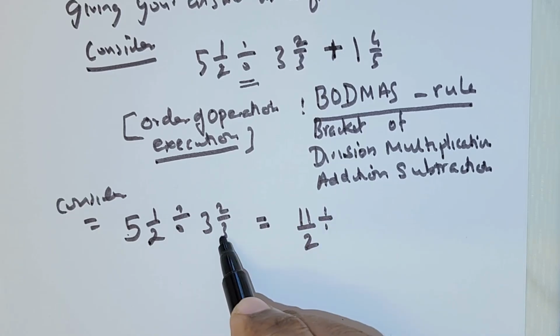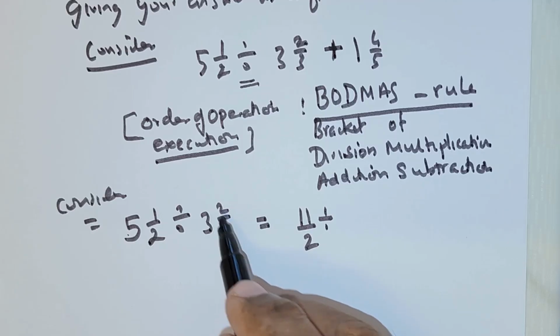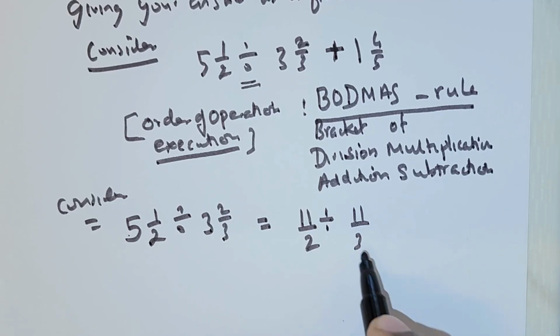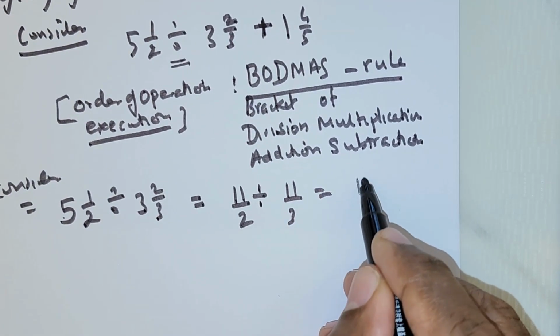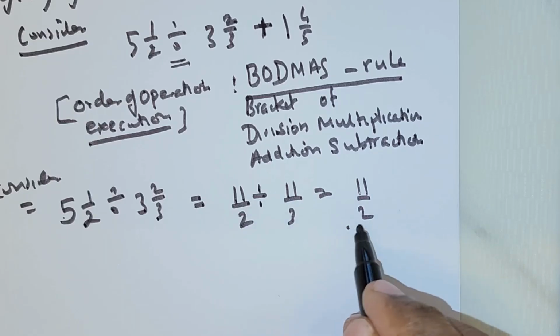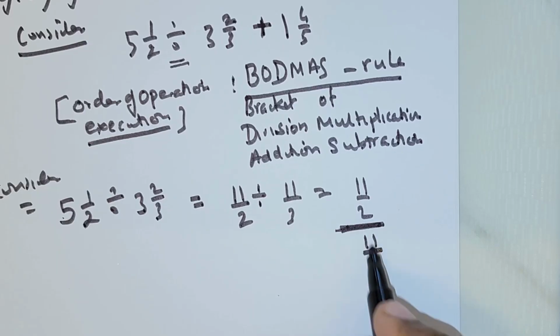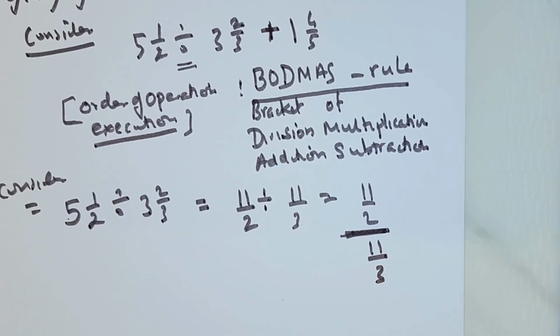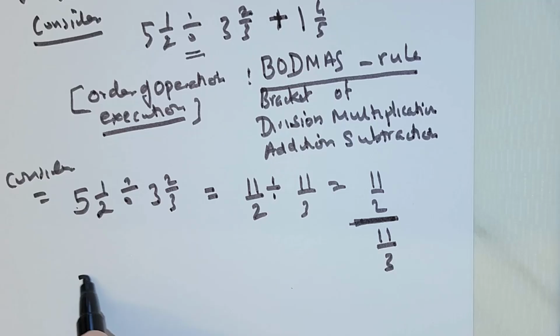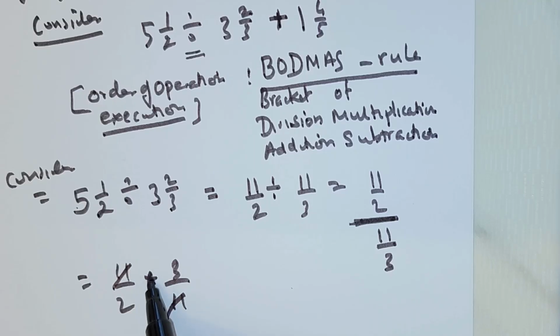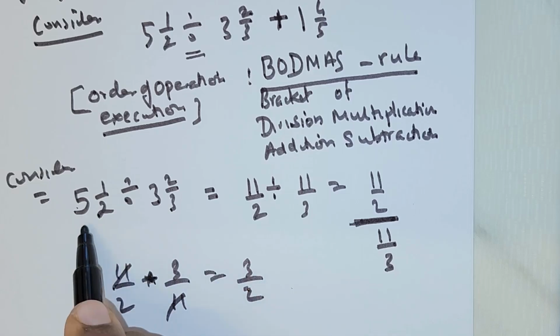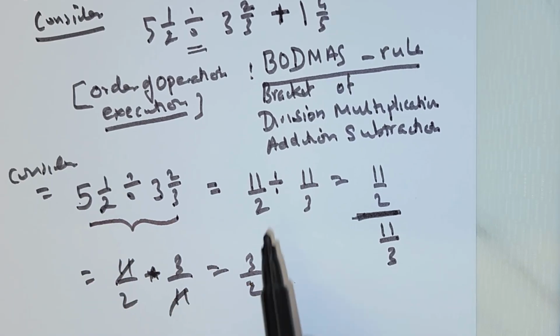This has to be divided by 3 times 3 is 9, added with 2 is 11 over 3. The division operator is written as the bar line. I can rewrite this as 11 over 2, and when I flip it, it becomes 3 over 11. 11 gets cancelled, giving us 3 over 2.